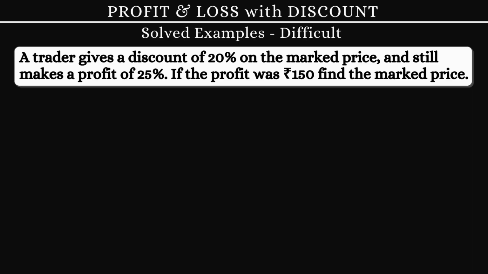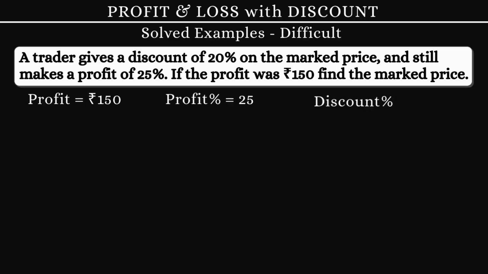In this case, we will not assume the cost price to be 100. This is because we are already given the profit amount of rupees 150. So let's see how we can do this. First, we list out what is given. The profit is rupees 150, profit percentage is 25 and the discount percentage is 20.